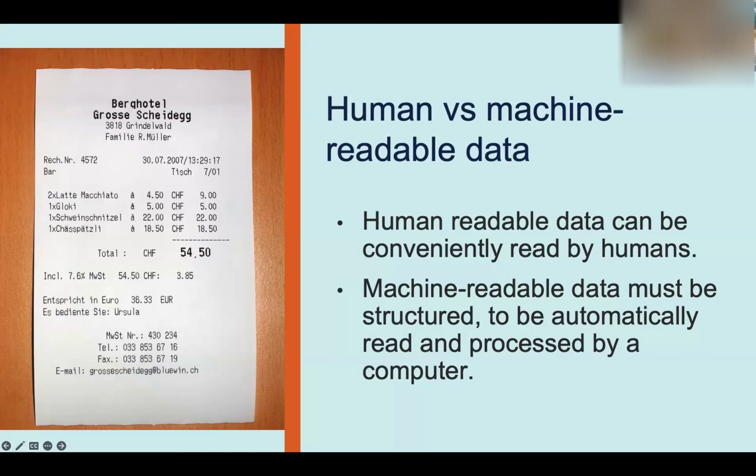And so if you look at this example with this receipt, that's both human and machine readable, possibly. Human readable, we all understand what's happening here. Someone has ordered some food. We can see the total amount, how many they ordered, how much is tax, and so on and so forth.